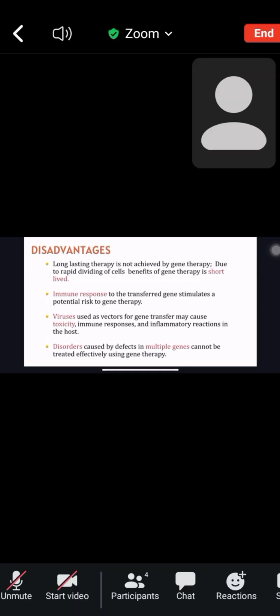Third, the viruses used as vectors for gene therapy. Gene transfer may cause toxicity, immune responses, and inflammatory reactions in the host. Lastly, disorders caused by defects in multiple genes cannot be treated effectively using gene therapy.